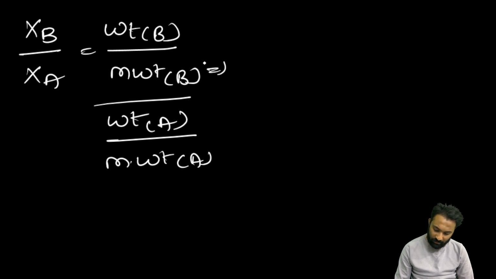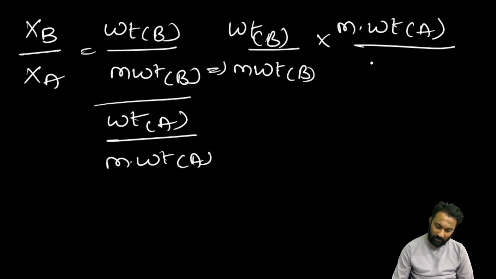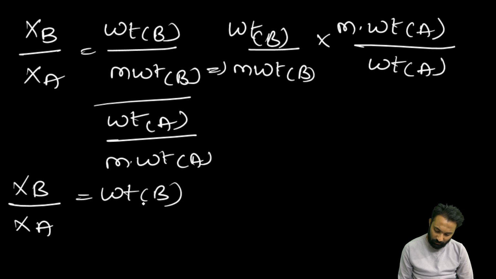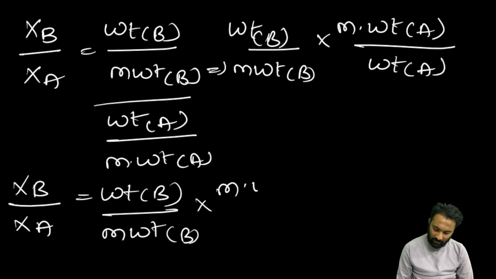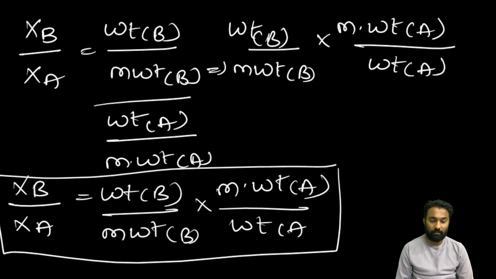This will give you weight of solute by molecular weight of solute into molecular weight of solvent by weight of solvent. Clear? Chi B by chi A, what we got? Weight of solute by molecular weight of solute into molecular weight of solvent by weight of solvent. Up to now you remember this one.